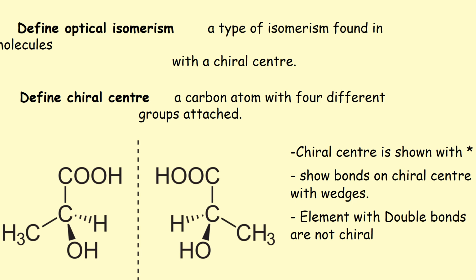There is one more thing I want you to remember before you look at your exercise on chiral centers that you printed out last lesson and you might have already attempted. Chiral centers do not have double bonds. So if you see a double bond, the carbon atoms in that double bond are not chiral.